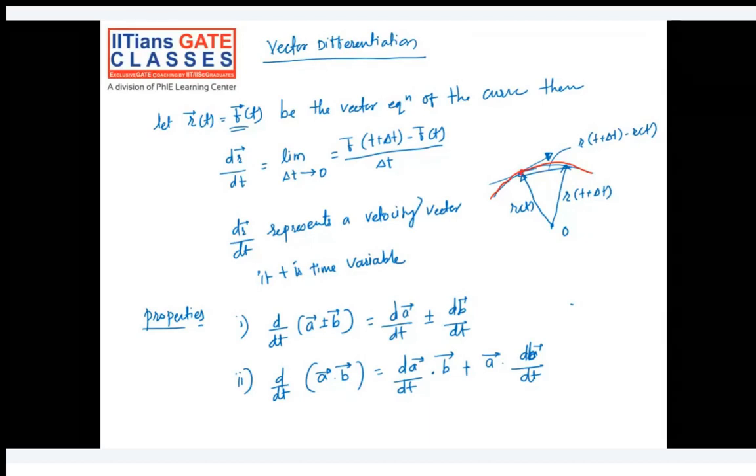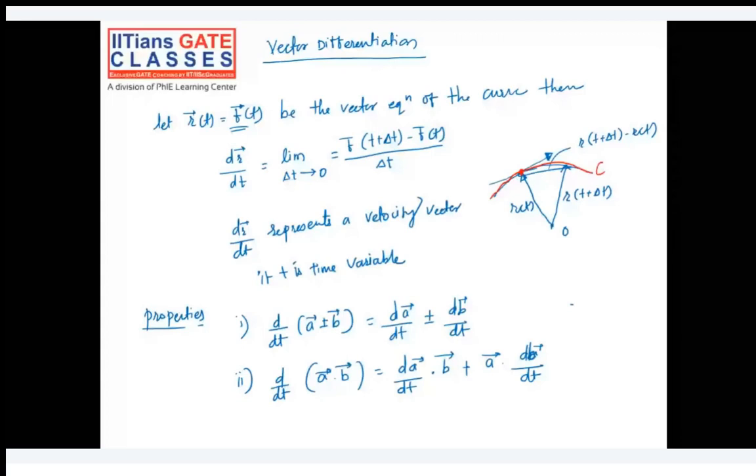Okay, so I'll repeat. Suppose you have a particle which is following this curve c, represented by f of t, and r bar of t is the vector.